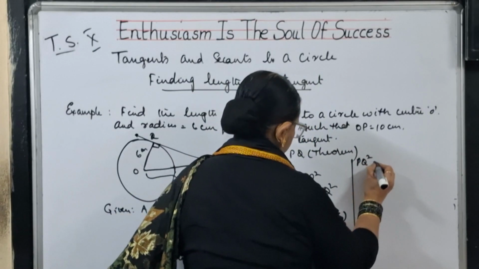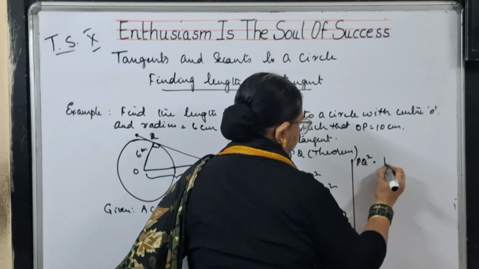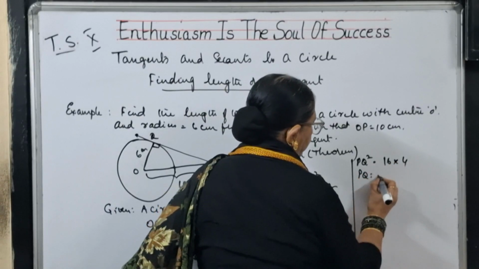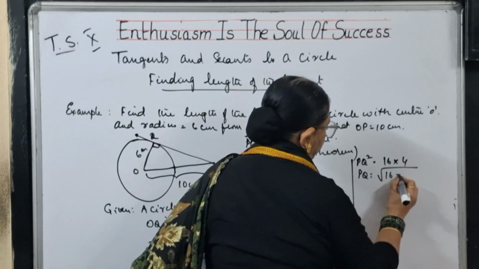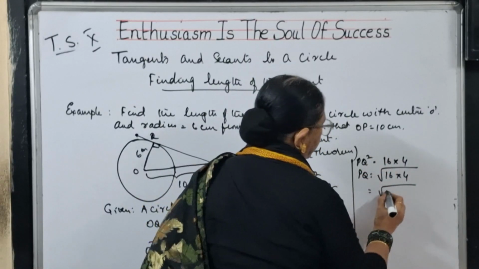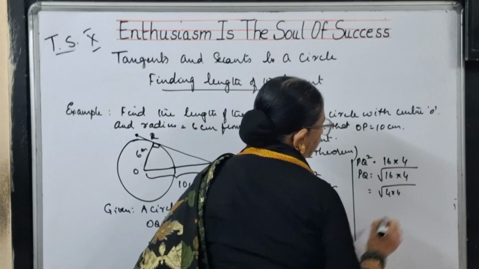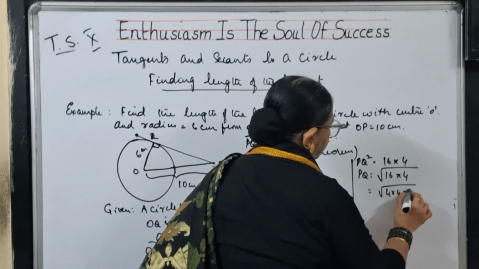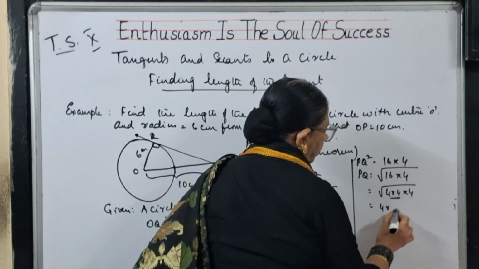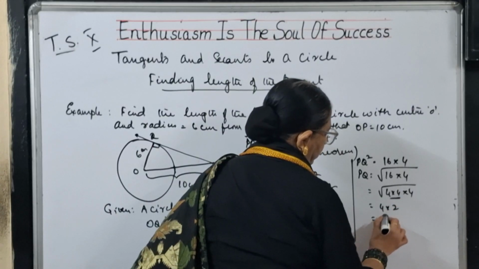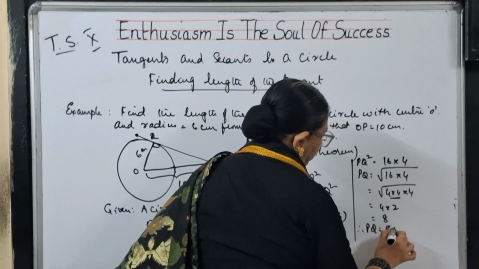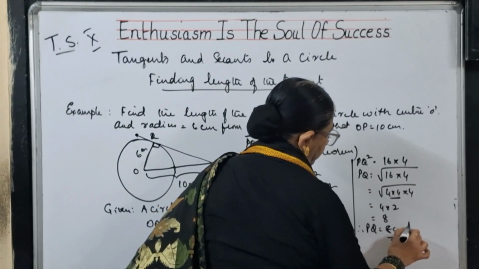PQ square is equal to 10 plus 6, 16 into 4. So what is PQ? Root of 16 into 4. That is, root of 16 into 4 can be written as 4 into 4 into 4. So instead of 2 fours, I can take 1 four out. Root of 4 is 2, that is 8. Therefore, PQ is equal to 8 centimeters.